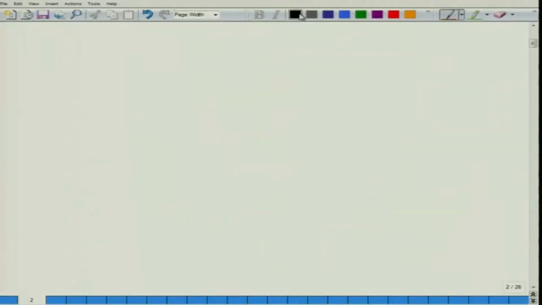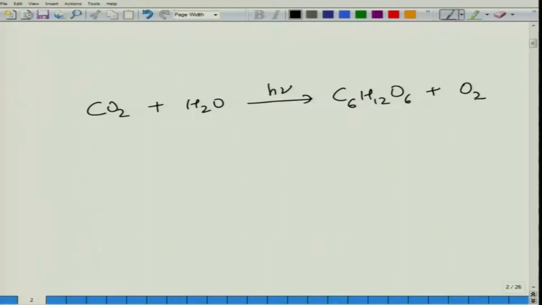A very simple reaction of photosynthesis could be carbon dioxide, which is taken from the air, plus water that is taken from the ground, using the sunlight, and through the process of photosynthesis it gets converted into sugar, for instance glucose, plus oxygen is given out.